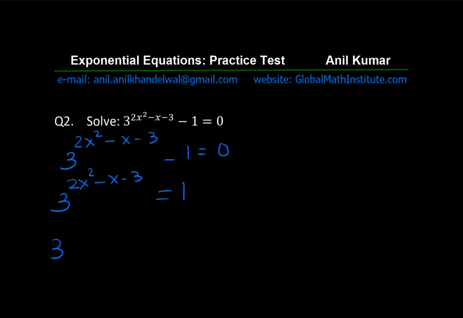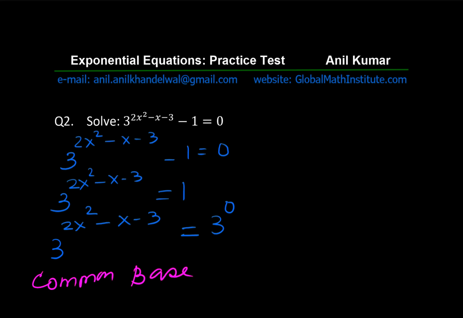And what is 1? It could be written as any base to the power of 0, right? So we have 3 to the power of 2x squared minus x minus 3 equals to 3 to the power of 0. Now again, we have common base, correct? So we'll again apply our strategy 1 and get the solution.